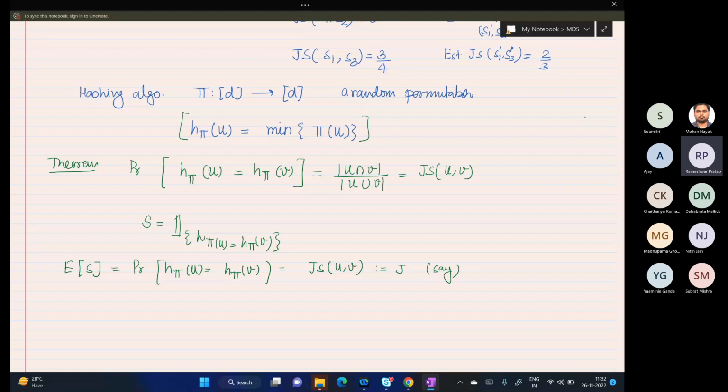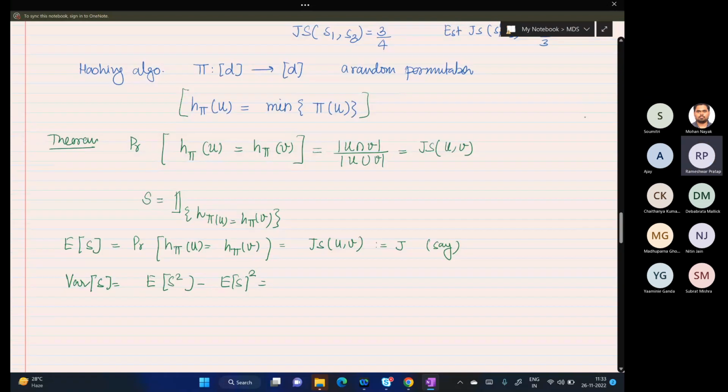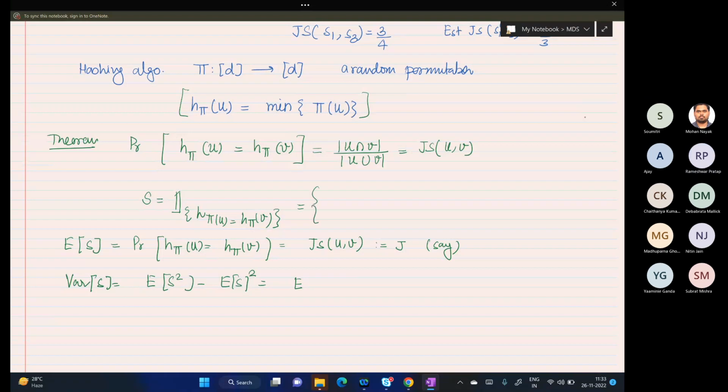And what will be the variance of S? It will be E of S square minus E of S whole square. E of S square is what? That will be E of S only, because S is an indicator random variable. So it takes value 1 when h pi u is equal to h pi v and 0 otherwise.